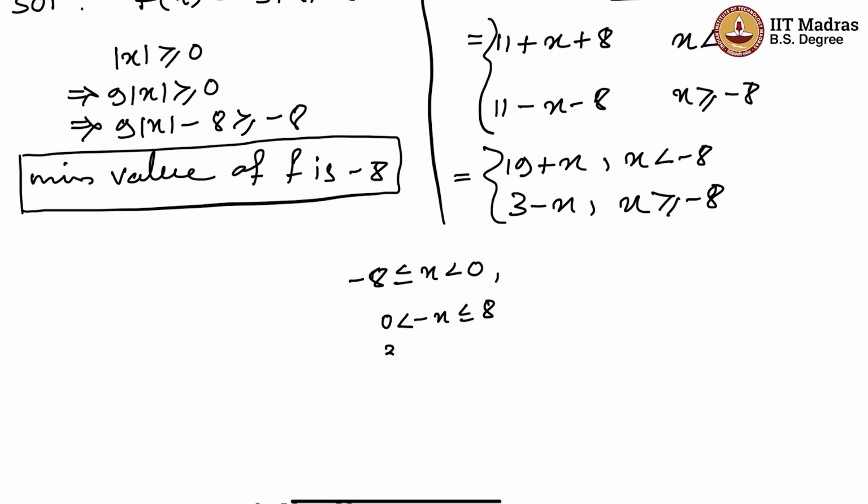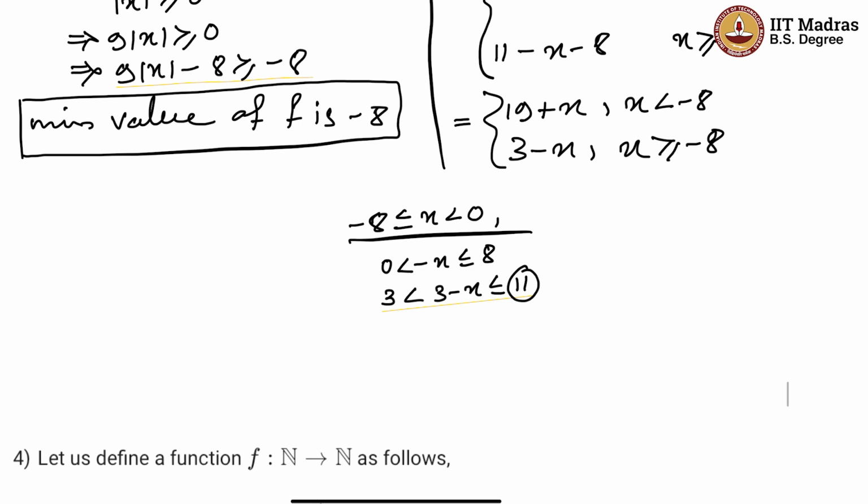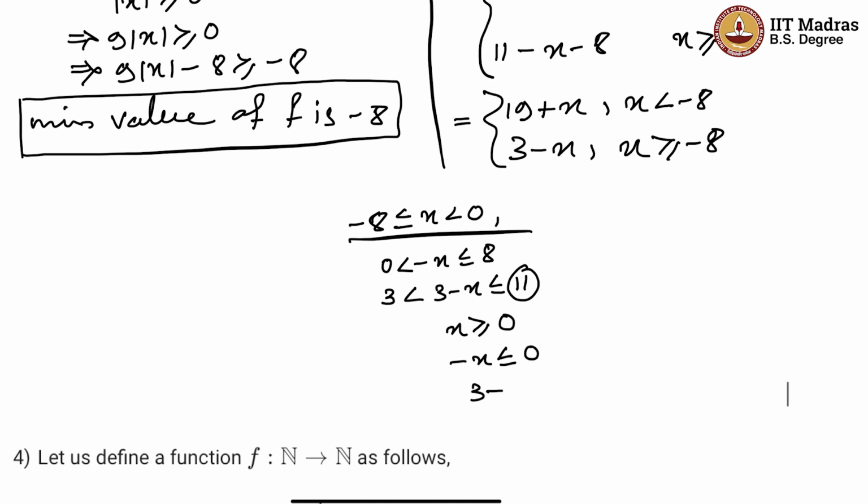So 3 - x will be greater than 3 and less than or equal to 11, right? So 11 is the maximum value in this interval. Now when x is greater than or equal to 0, then -x will be less than or equal to 0 and 3 - x will be less than or equal to 3, right? So far 11 is the maximum value, right?